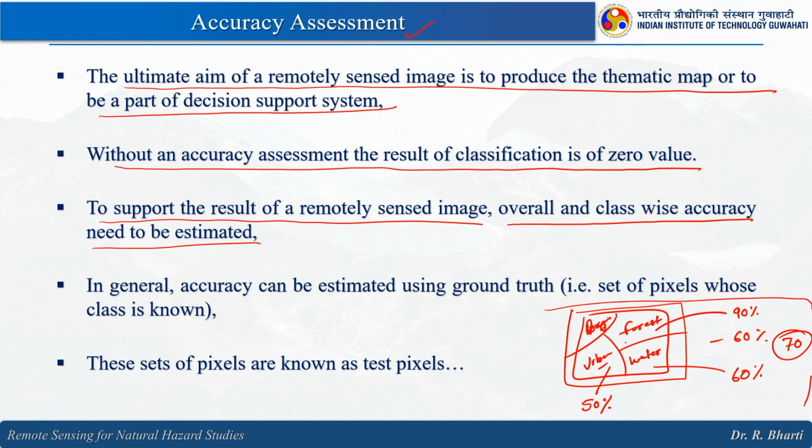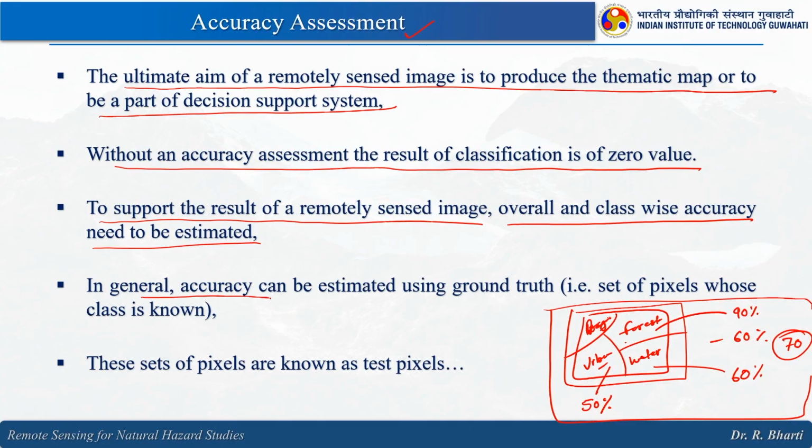So, we need to have this data statistics about the image classification, and on that basis only we will be telling that this particular image which we have produced by the classification technique is 60, 70 or 80% correct.